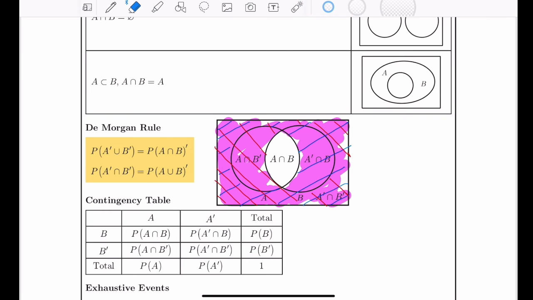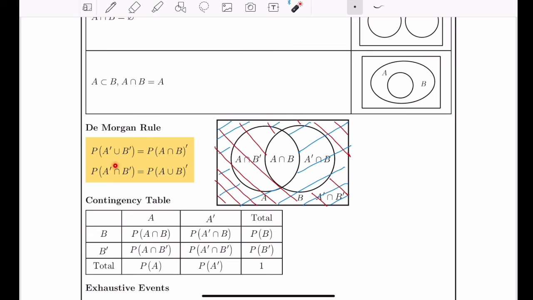So we try to do the same for P(A prime intersect B prime). So we shade the events involved, which are A prime and B prime. So event A prime is not an A. Okay, I shade it using the blue pen. And event B prime is not event B. Everything is not B. So I shade it using the red pen.